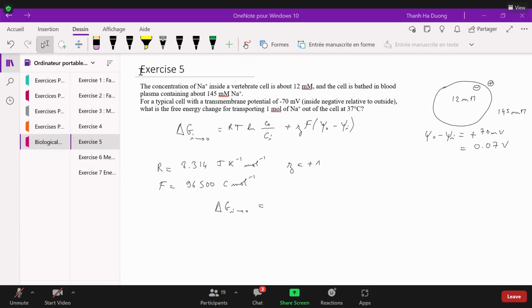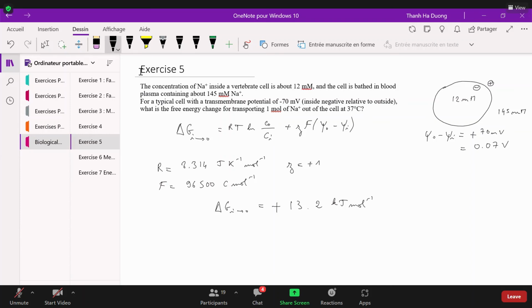Yes, I found this. What is important is the sign of delta G. It's positive, and the value is 13.2 kilojoule per mole. Okay, we find that.